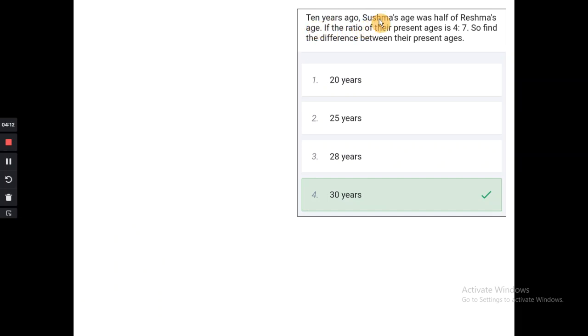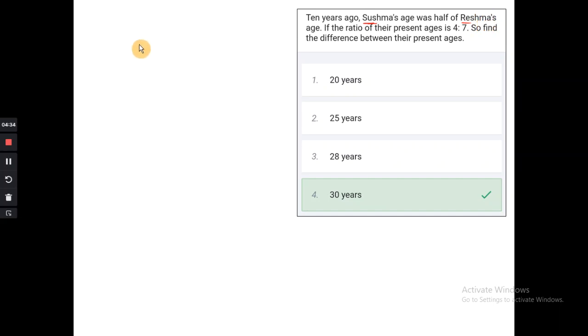10 years ago, Sushma's age was half of Reshma's age. If the ratio of their present ages is 4 is to 7, find the difference between their present ages. Here we are given Sushma's and Reshma's ages 10 years back.